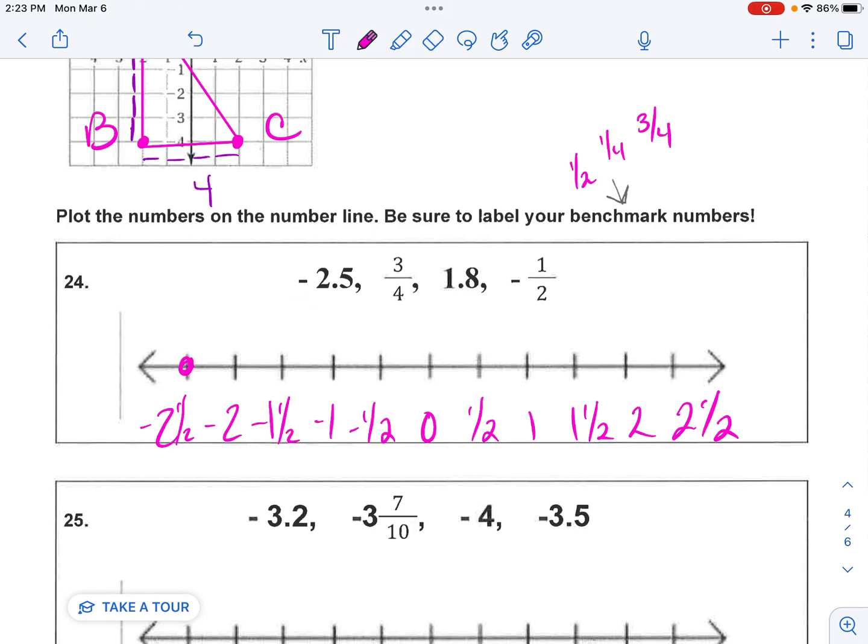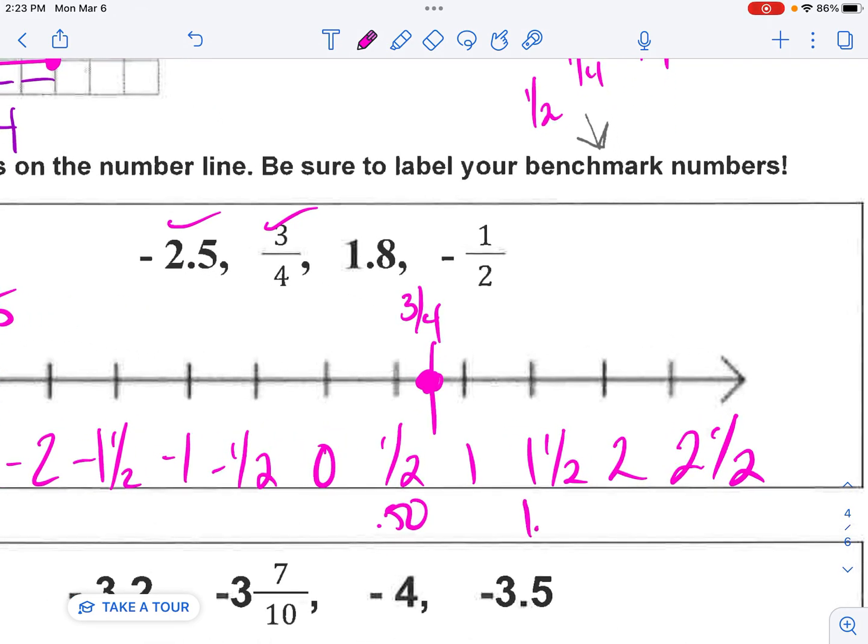So negative 2.5 is here. Be sure you put a tick or a big dark circle and label it. Positive 3/4 is going to be in between 1/2, which is 0.50, and 1 whole. Put an extra tick mark in there, big dark circle, labeling it 3/4. 1 and 8/10 is going to be right in between 1.5 and 2, closer to 2.